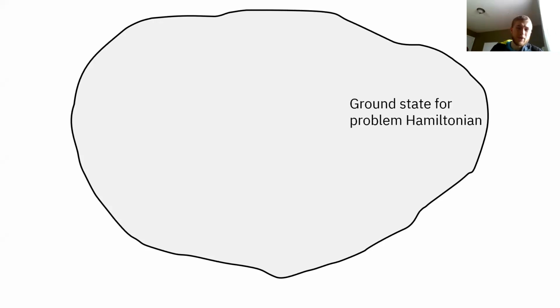So this problem Hamiltonian could encode a bunch of things. Usually, at least the way I've seen it, it is encoding solutions to some classical optimization problem, or maybe some combinatorial optimization problem, things like satisfiability, or some other graph-theory-esque problems, usually NP-complete sort of problems we care about.